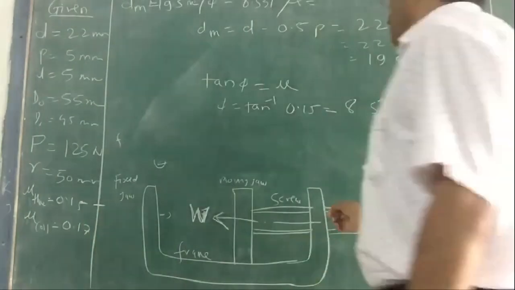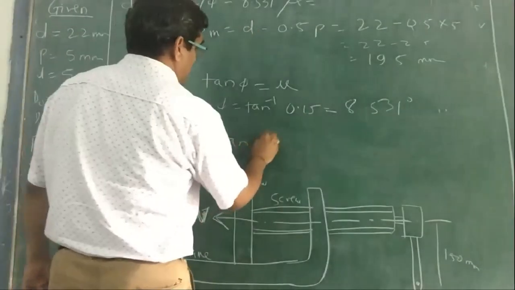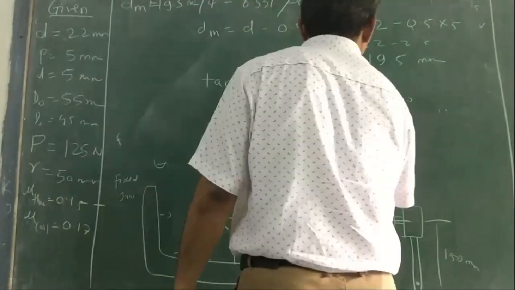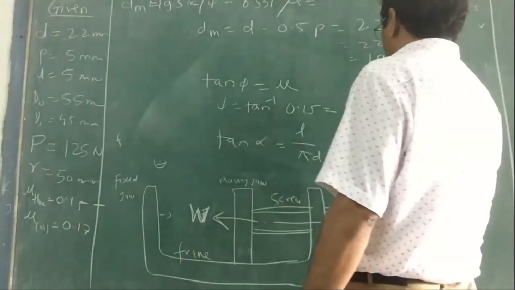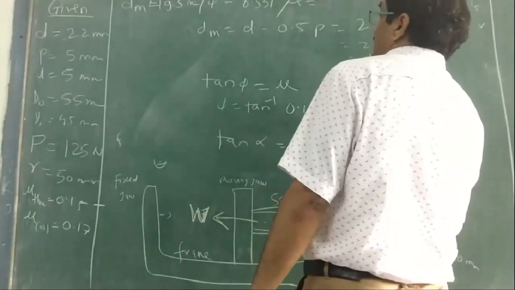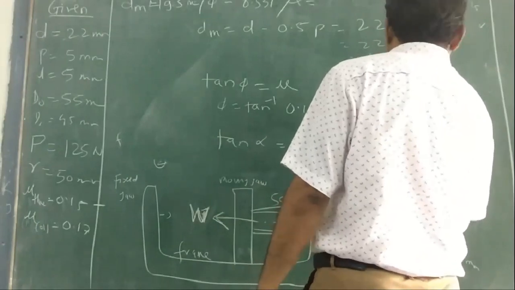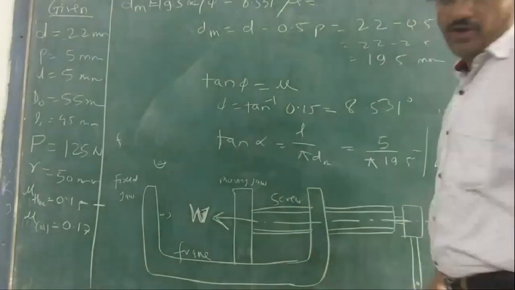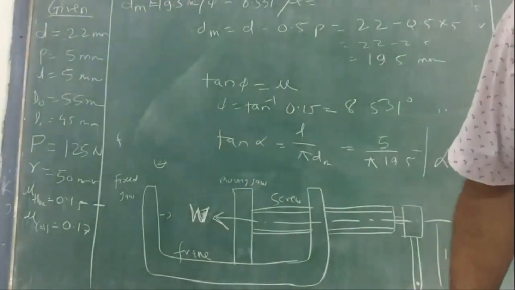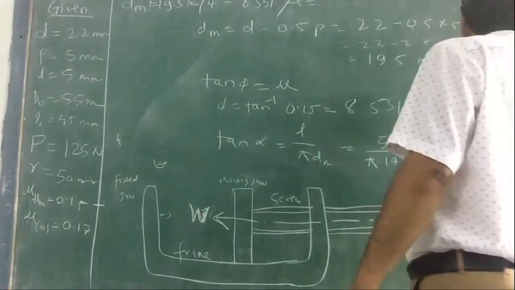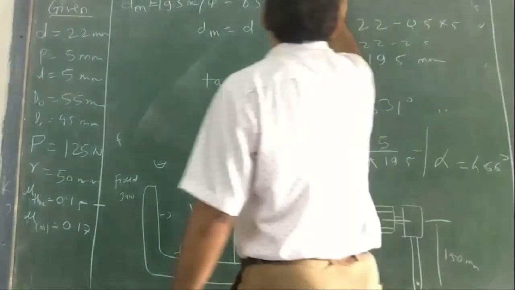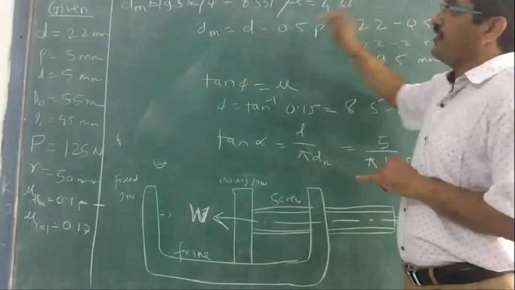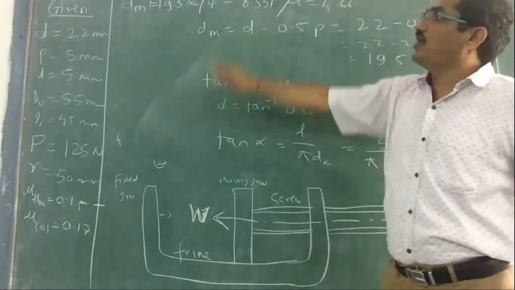Now alpha: tan alpha is L upon pi d. We know the lead L is 5, and d is 19.5. So with this we get alpha as 4.66 degrees. So we got both the angles: helix angle as 4.66, angle of friction as 8.53, and we got the mean diameter.